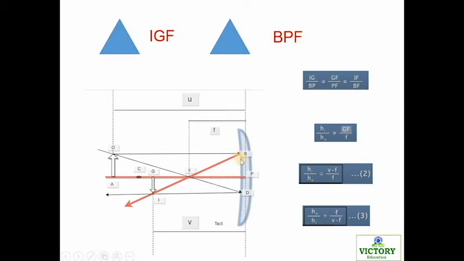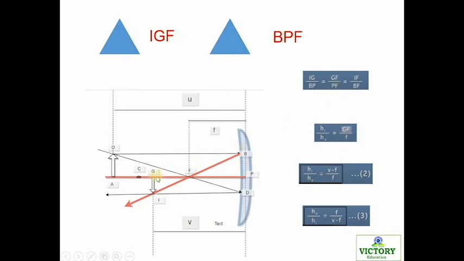With the same formula which I used earlier, I can easily say that IG by BP is equal to GF by PF is equal to IF by BF, because they are crossing each other and they are 90 degrees. So it's the same principle. I'm again not concerned with IF by BF, so I'm just taking the first two. IG by BP is nothing but Hi by Ho, and your PF is nothing but f.